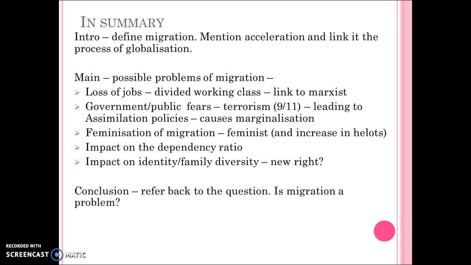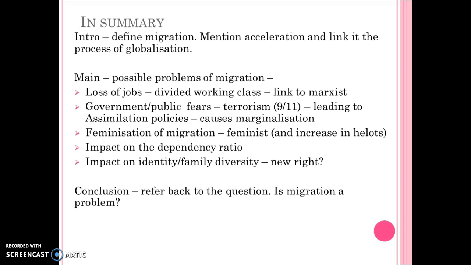Another one could be linking to government fears or public fears, for example, terrorism, that led to assimilation policies. We'd moved away from the 1950s, 1960s of multiculturalism. Multiculturalism was, let's value diversity, but then when you had the 9/11 attacks in 2001, policies by the government began to swing the other way, and they argued that migrants needed to blend into the population.